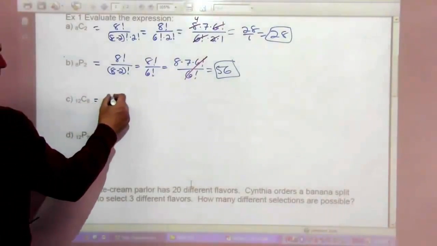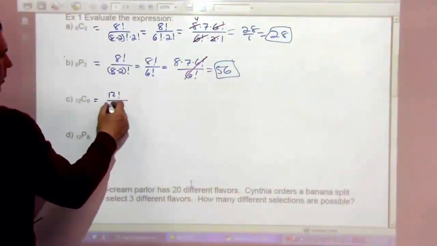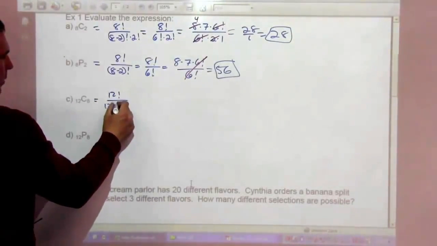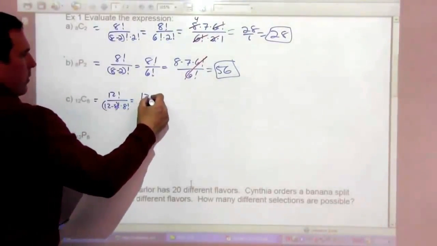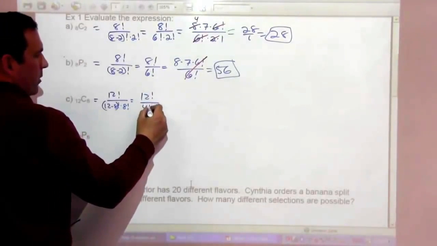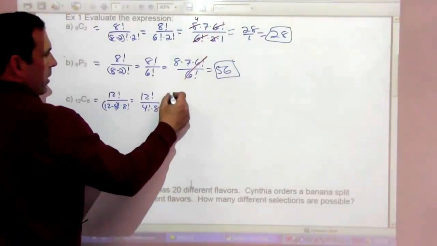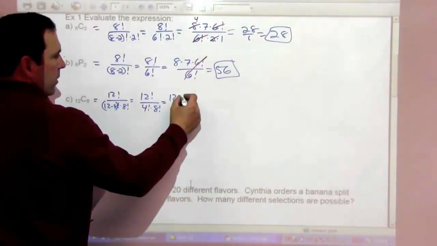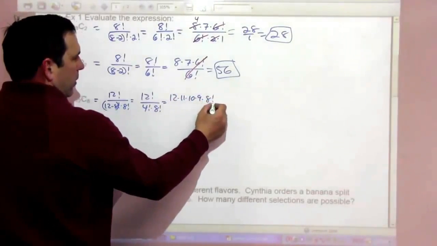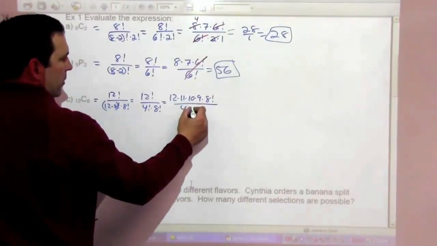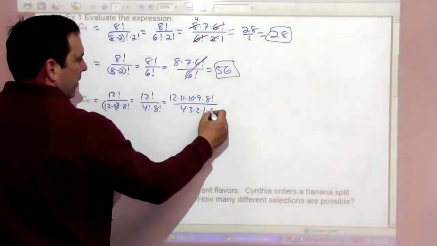12 choose 8 is going to be 12 factorial over (12 minus 8) factorial times 8 factorial. That's 12 factorial over 4 factorial times 8 factorial. 12 times 11 times 10 times 9 times 8 factorial over 4 times 3 times 2 times 1 times 8 factorial.